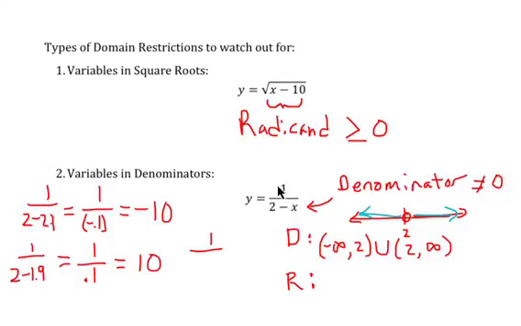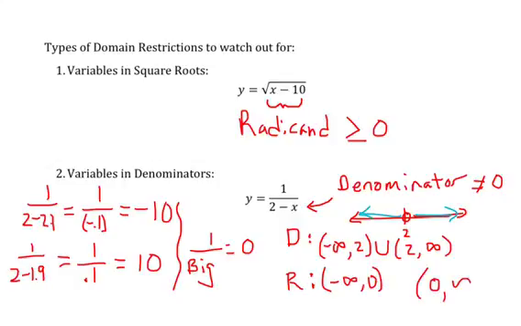So either way, we're going to have 1 over a big number, which we know goes to 0. All right, and so our range, when x is getting out to infinity, our y value is going to 0. Okay, so 0, we'll never touch it, but we'll get real close. So what that tells us for our range is that we'll have from negative infinity to 0, and 0 to infinity.